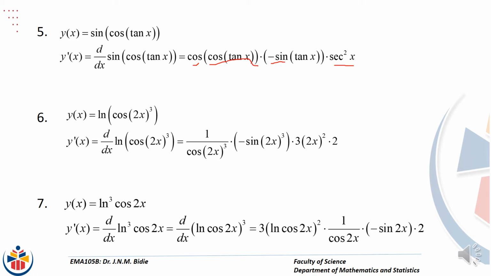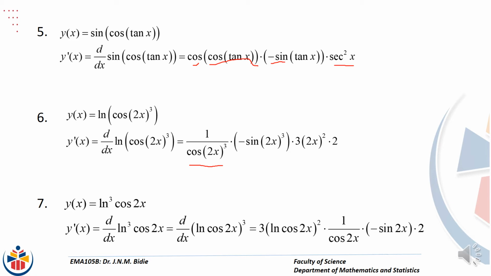Then we go to number 6, the derivative of ln of cos of 2x all to the power 3. Now, first things first, the derivative of ln of x is 1 over x. So that's where we start. So it's 1 over the argument of ln. So that's what we got here, 1 over the argument of ln. Then multiplied by the derivative of the argument.